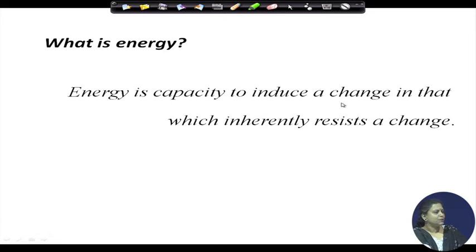If you go through this particular definition carefully, what do you find? You find that the word energy comprises of two parts. What are the two parts? First thing is that there is some particular force which is trying to induce a change in the system.